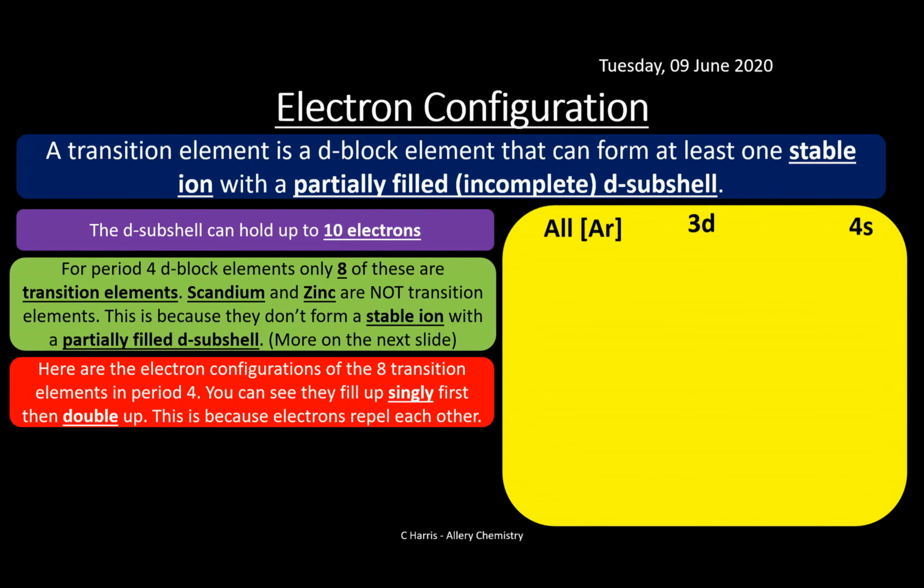So what we're going to do is look at the electron configuration of some of these transition elements. Now, to make it a little bit easier, I've put a little bit of a shortcut in here, and you'll see I've got Ar in square brackets. Basically, this is the electron configuration of argon.